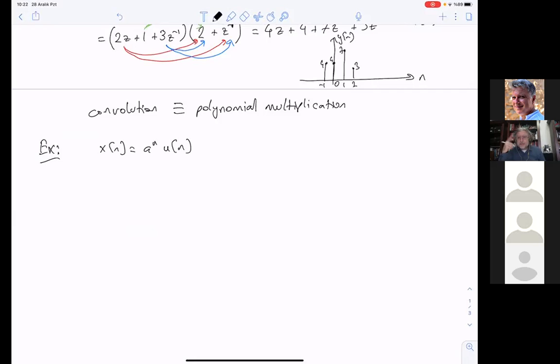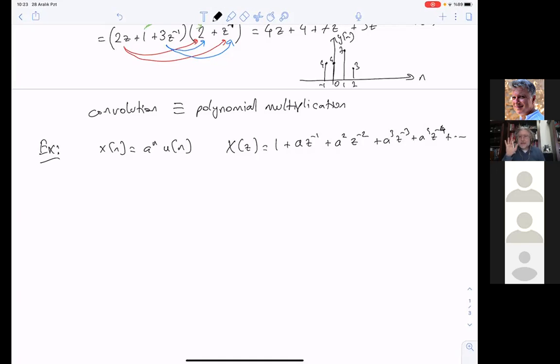From the things that I have shown you before, I can say that X of z is a to the 0 times z to the minus 0, which is 1, plus, when n is equal to 1, a to the 1 times z to the minus 1, so plus a z to the minus 1, plus a squared z to the minus 2, because when n is equal to 2, a to the n is a squared, plus a to the 3 z to the minus 3, plus a to the 4 z to the minus 4, plus it goes on forever.